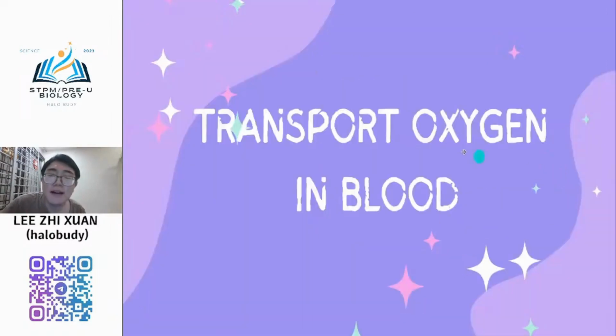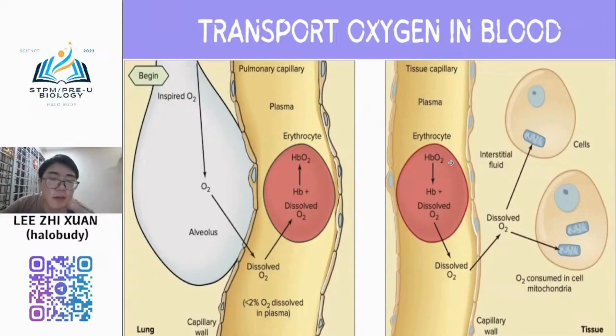Fine. Okay. Now we go to the transport of oxygen and carbon dioxide in blood. So first we go to oxygen. Oxygen is very easy. Just refer to this diagram.